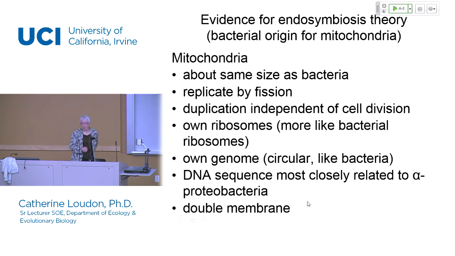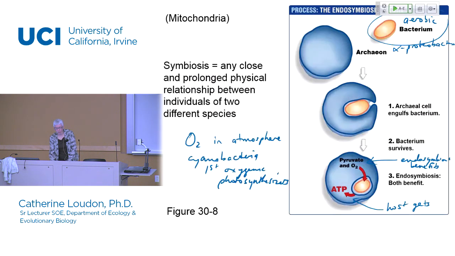And there's also a double membrane seen in the mitochondria. What's the significance of that? If we go back to this diagram and see where a double membrane would come from, consider that a bacterium already has its own membrane, which I just colored in green. When it's engulfed and taken into the cell, the cell would fold around it and pinch off. So we now have two different layers of membrane, one within the other.